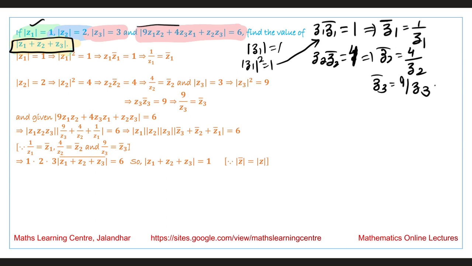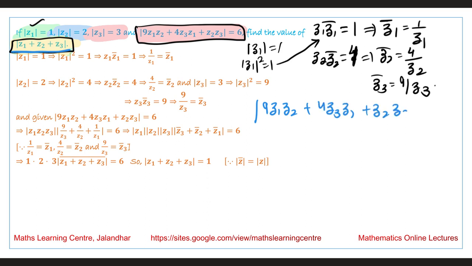Next, the value of this term is given to be equal to 6. So if we substitute these values over here, we require the answer in terms of z1, z2 and z3. So we are writing it as mod of 9z1z2 plus 4z3z1 plus z2z3, and this is equal to 6.